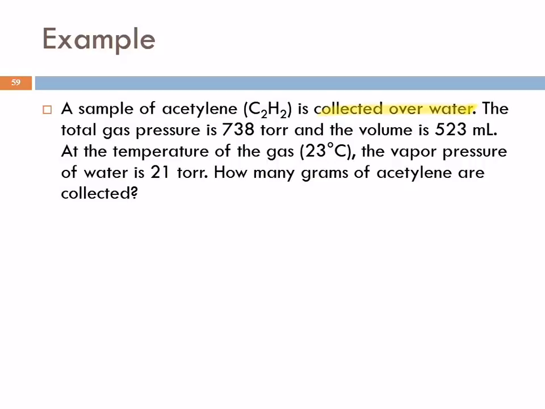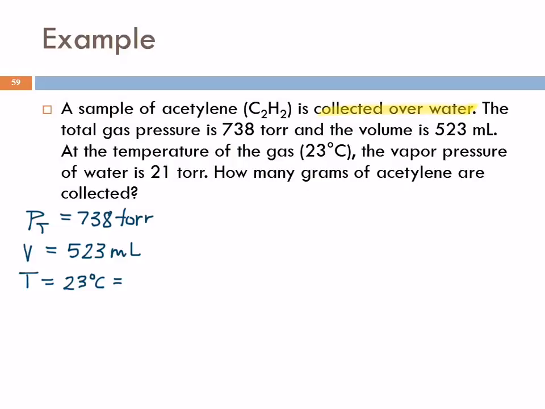Well, let's write down these numbers. So it says the total pressure is 738 torr. The volume is 523 milliliters. The temperature is 23 degrees Celsius.